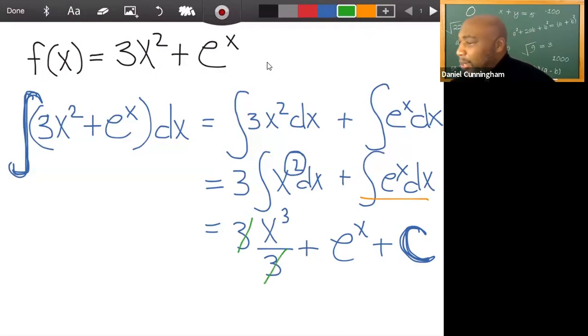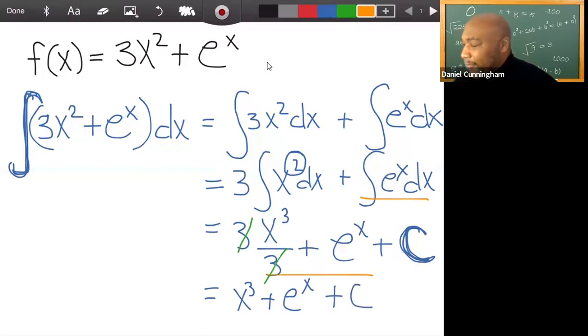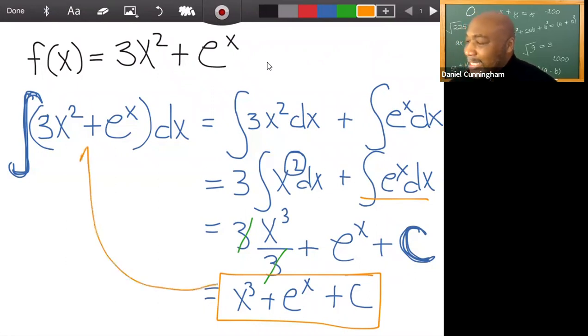And so my final answer will be x cubed plus e to the x, and then plus c. Don't forget, you always need a plus c for an indefinite integral. And that's my answer for this problem. If you take the derivative of what's in the orange, it should give you what's inside the integrand to double check if you did it correctly.